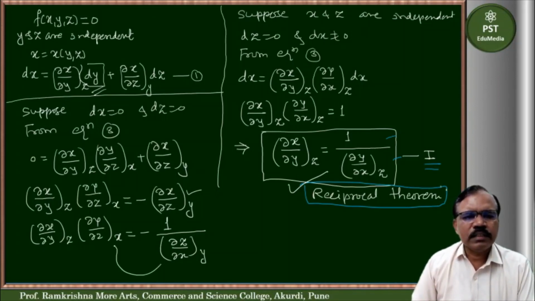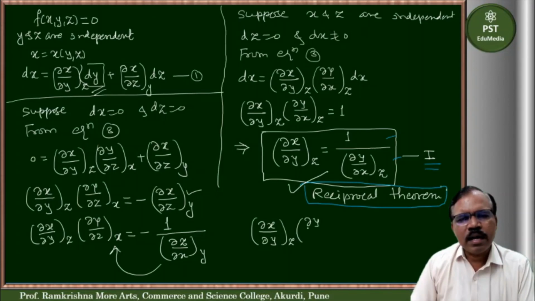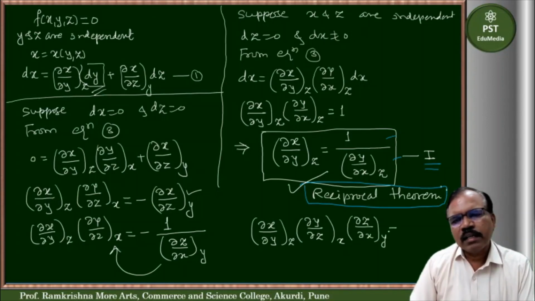Now let us take this on this side. So I will write here ∂x/∂y at constant z into ∂y/∂z at constant x into ∂z/∂x at constant y is equal to -1, and let us call this the second.